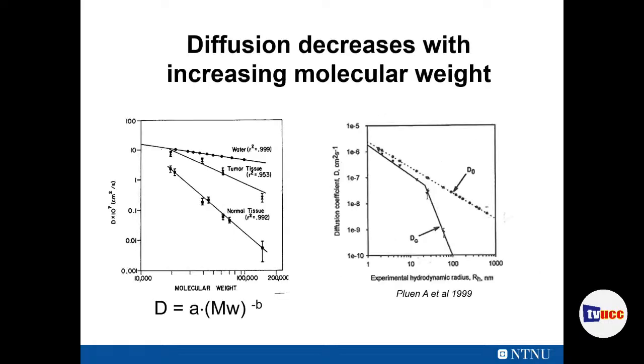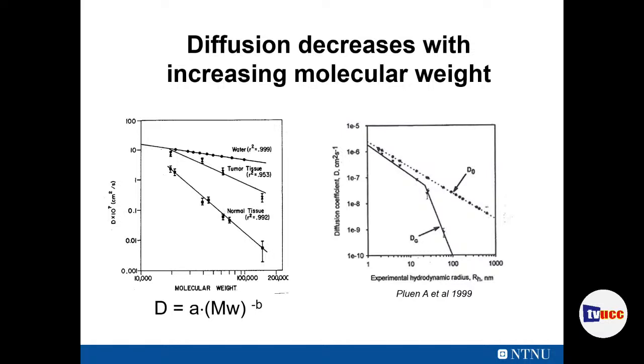Because the diffusion depends very much on the molecular weight of the particle. So here is now the diffusion coefficient as a function of molecular weight. And this is now small molecules up to 100,000 kilodalton.